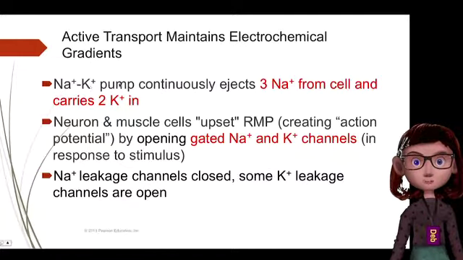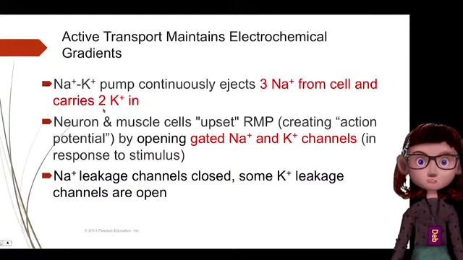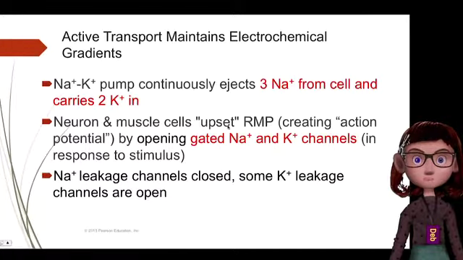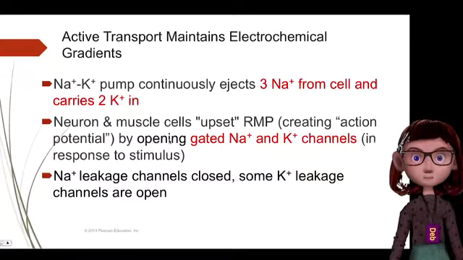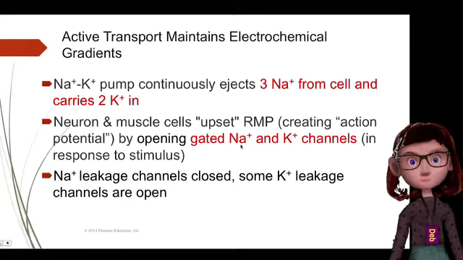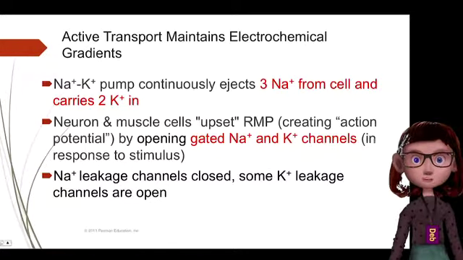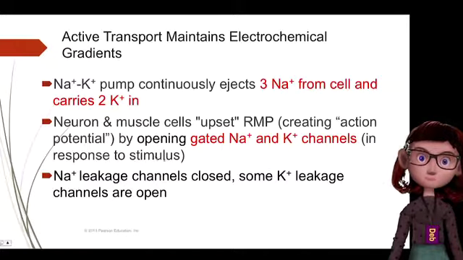The sodium-potassium pump is going to continuously eject 3 sodium from inside the cell to the outside, and then it will bring in 2 potassium ions. Neuron and muscle cells actually will upset the resting membrane potential. We call this creating an action potential, by the opening of gated sodium and potassium channels in response to some stimulus.